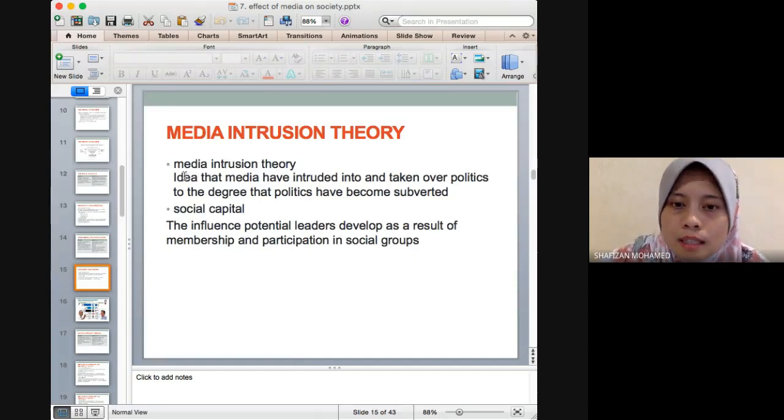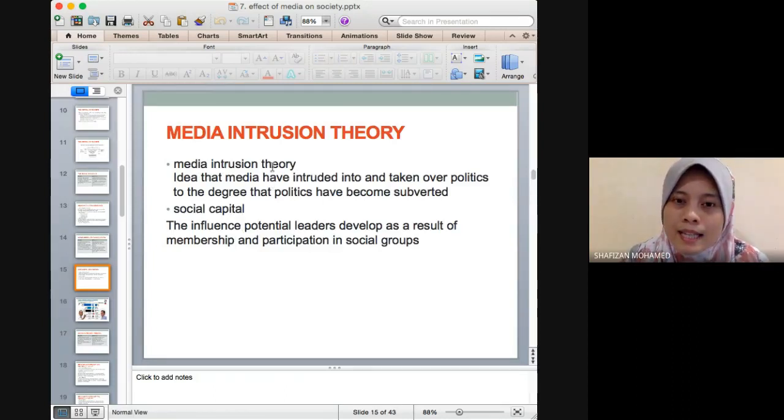This theory says that media have intruded into and taken over politics to the degree that politics have become subverted. What does this mean? It means that politicians, when they are doing their campaign or during elections, depend so much on the media that they make media the most important component in their campaign.